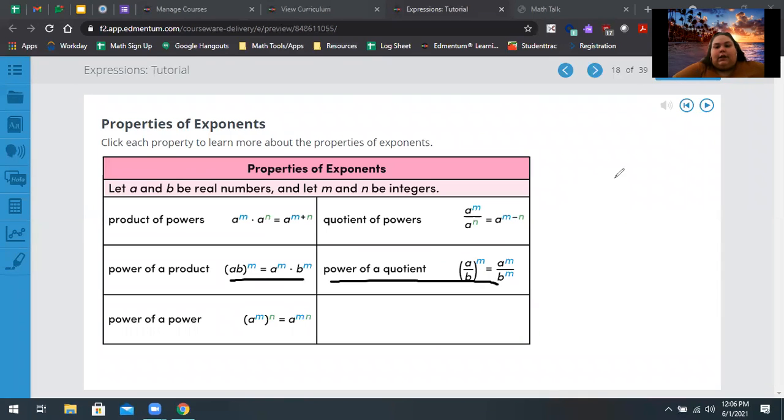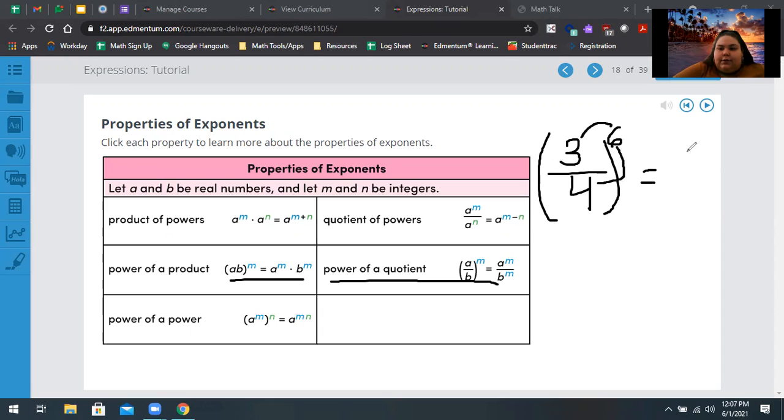So again, let's talk about it in an example. Let's just say you have 3 over 4, and you raise this to the, let's say, 6th power. Keep in mind that 6 has to get distributed to this 3 and this 4 right here. So this is equivalent to 3 to the 6th power over 4 to the 6th power.